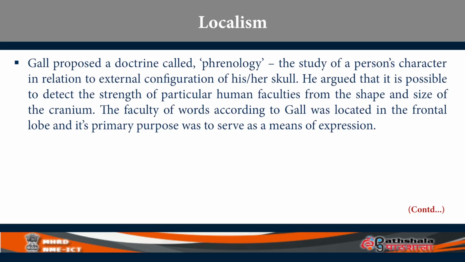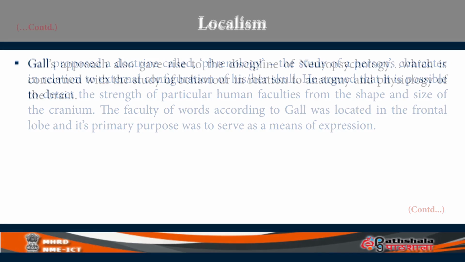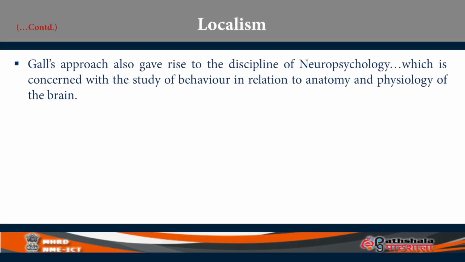And he also said that the faculty of words was located in the frontal lobe, and its primary purpose was to serve as a means of expression. Gall's approach gave rise eventually to the discipline of neuropsychology, which is concerned with the study of behavior in relation to anatomy and physiology of the brain.